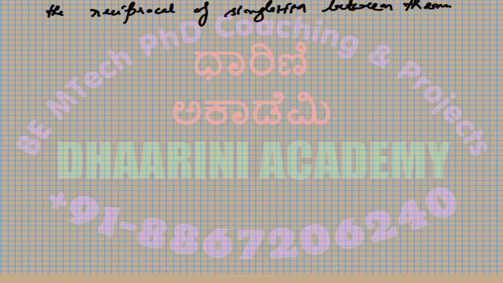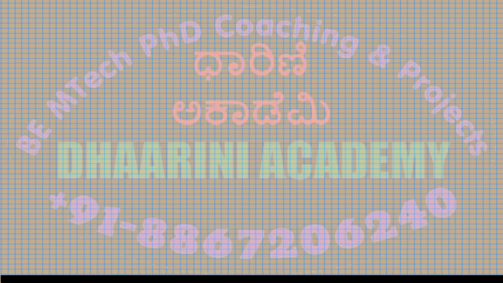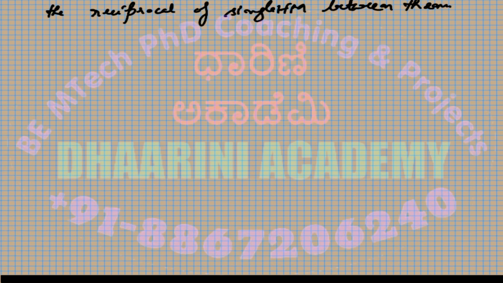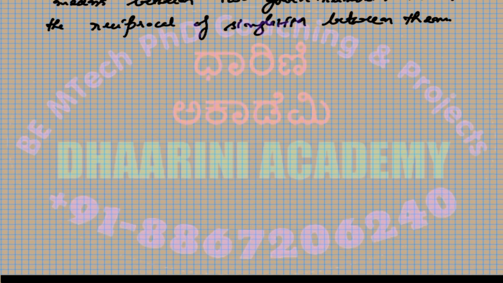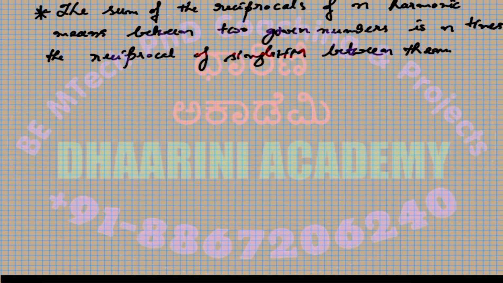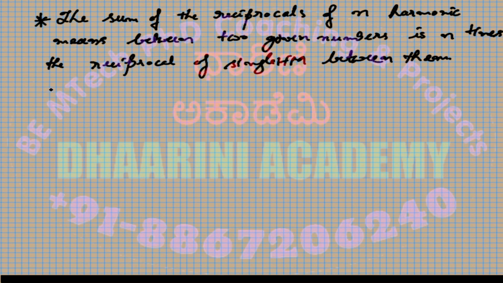So we already know that h1, h2, h3 up to hn are the n different harmonic means. Whenever I'm trying to insert n different harmonic means, we know that h1, h2 up to hn are in the harmonic progression.